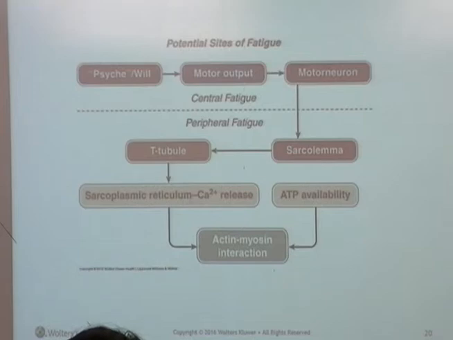Maybe we don't have enough of a particular enzyme available to move ATP to the myosin head. I don't have control over this. So with all the will in the world, you may still see decreased power output because of something going on in the peripheral nervous system that you don't have control over. Does that make sense?